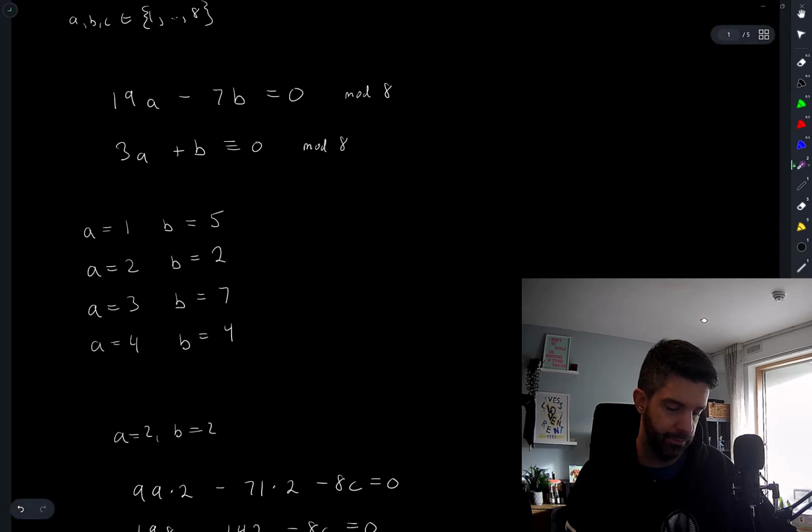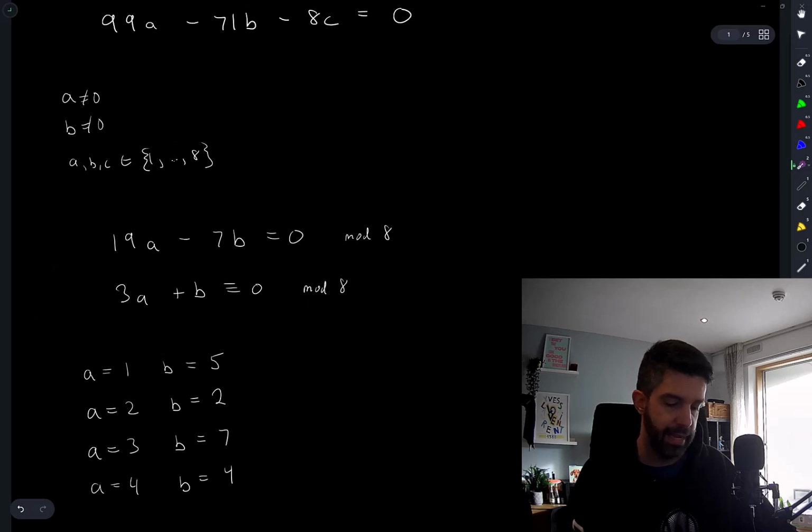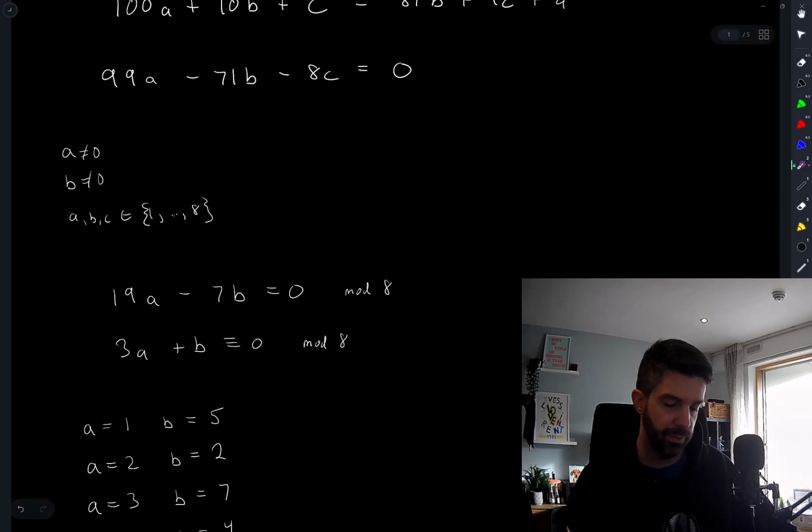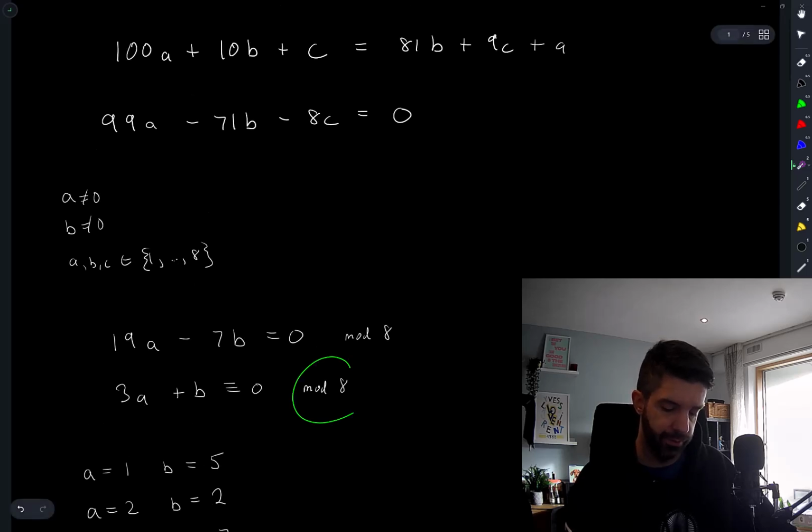So you can pretty easily write all the possible values of A and B that make this a multiple of 8. And then it's just a question of making sure that when you go back to not mod arithmetic, the difference between these is a positive multiple of 8, which doesn't require a value of C greater than 8.